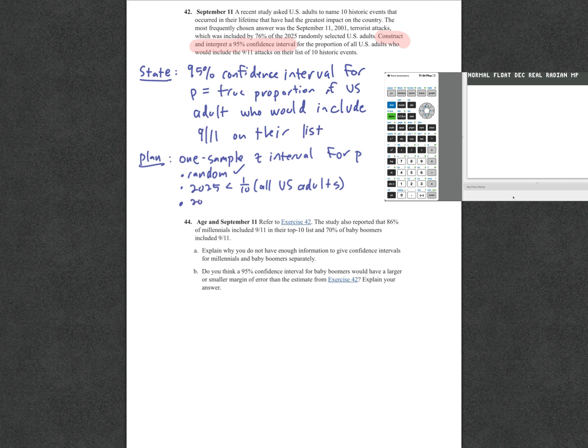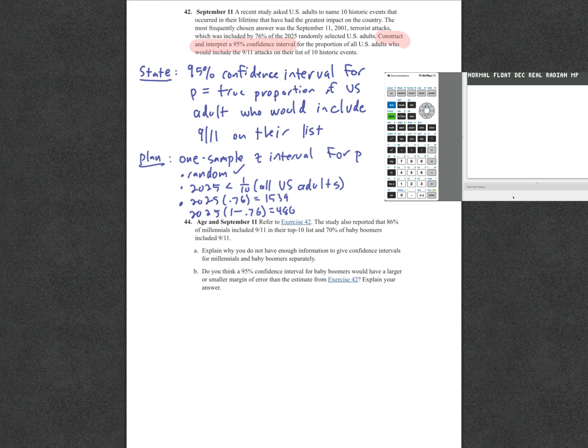So it's 2025 times 0.76 and 2025, the sample size, times 1 minus P hat. Okay, the first one ends up being 1539, and the second one ends up being 486.